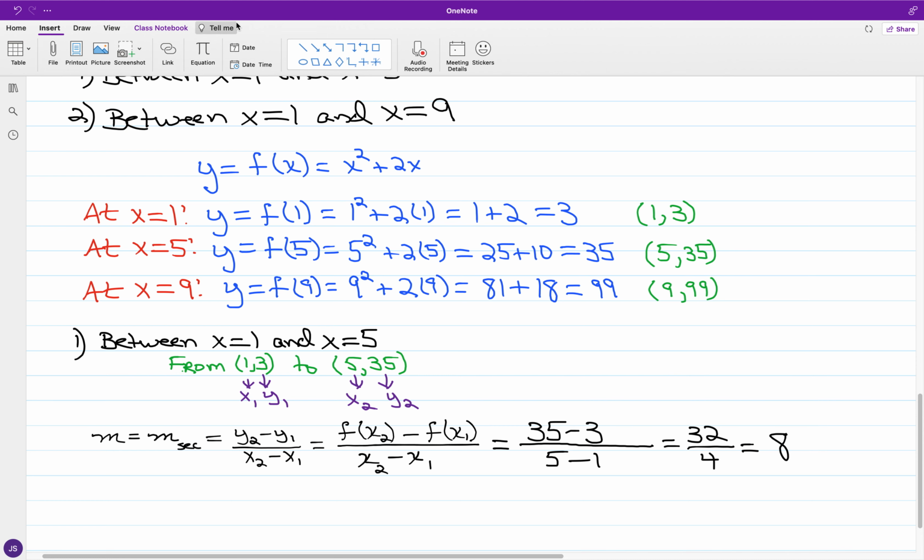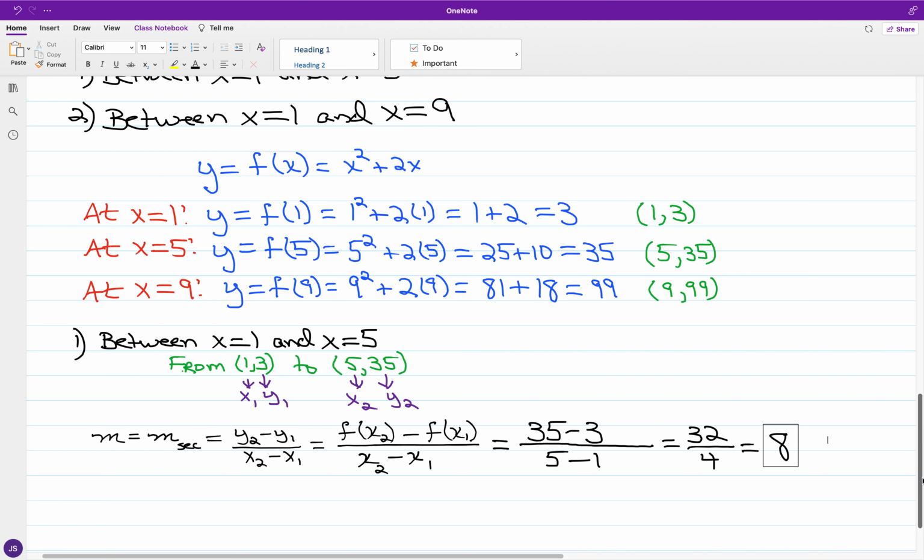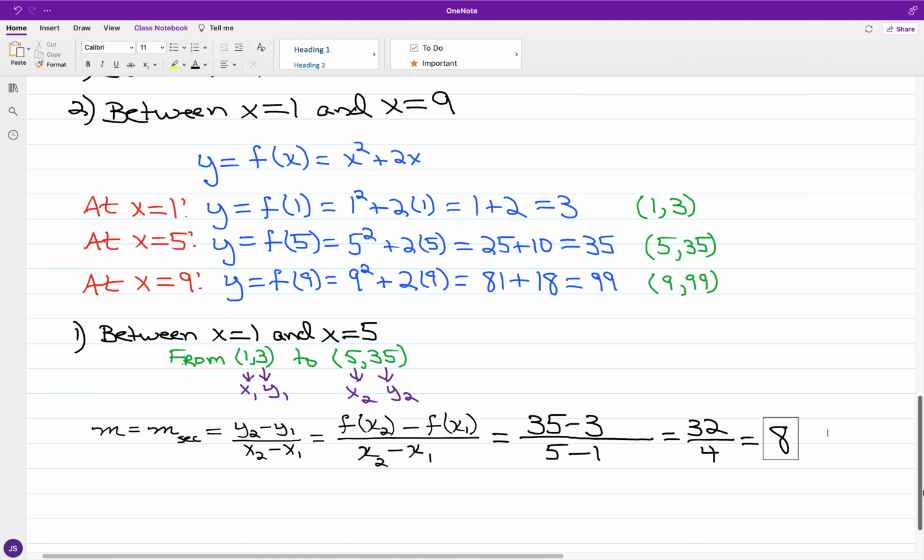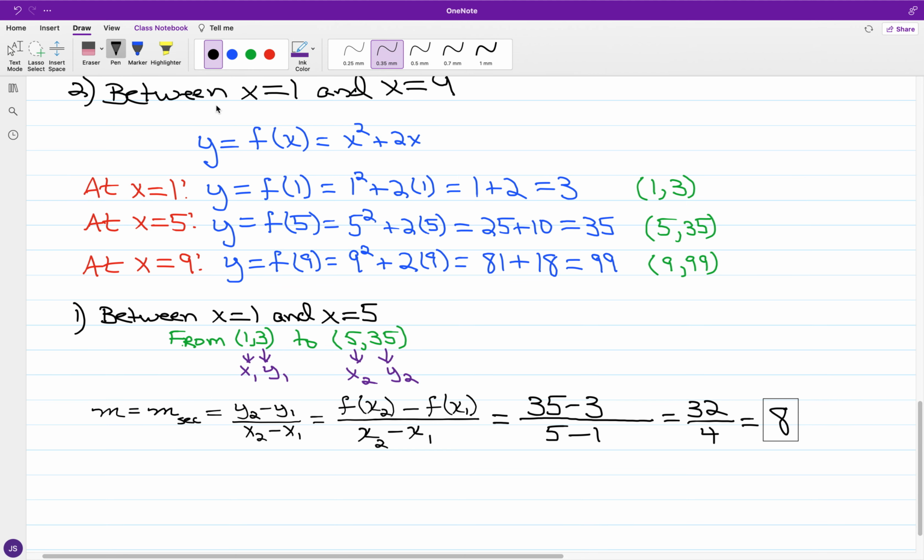So you have still an integer value for the average rate of change, and it is not limited to just integers. It could be a fraction, like 7/2, let's say, but for this instance we have 8.